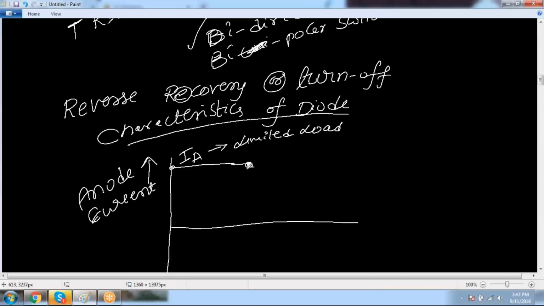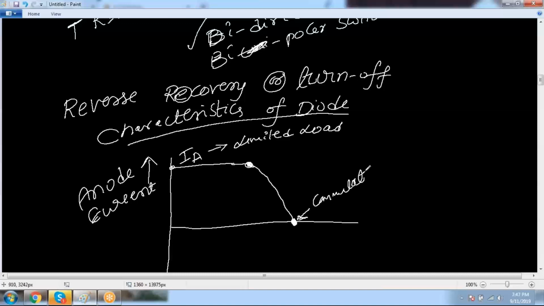Now I need to stop it conducting. Can I bring the anode current to a zero level? You can use any external circuit so that I bring the anode current to zero level. It may be a commutation circuit also.